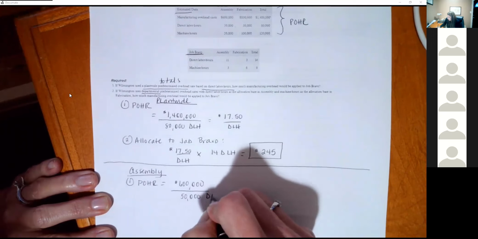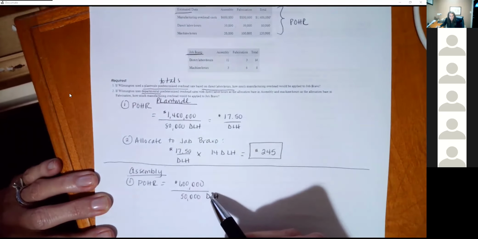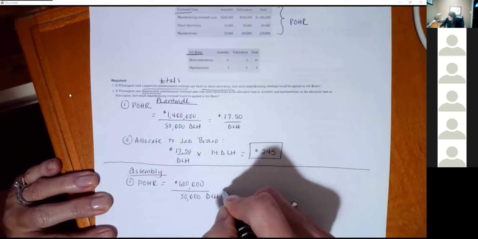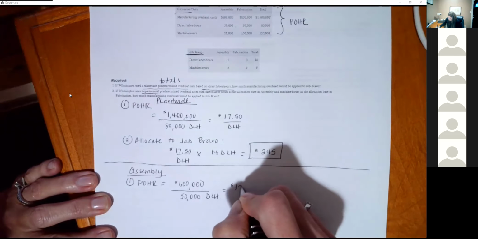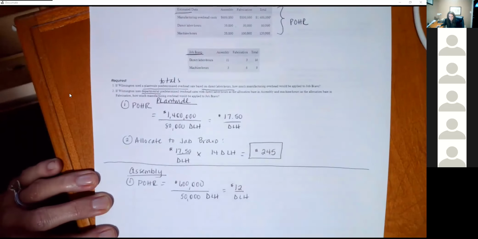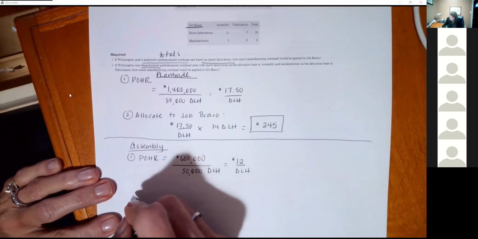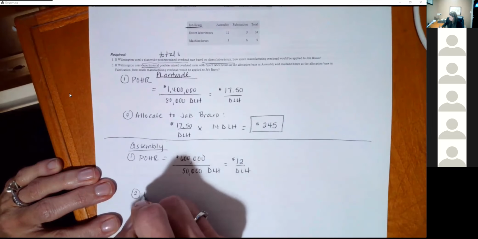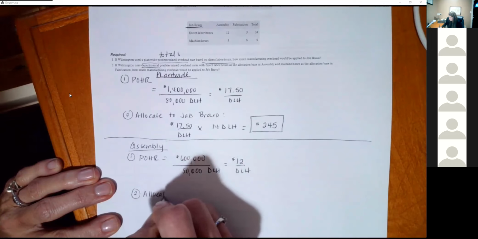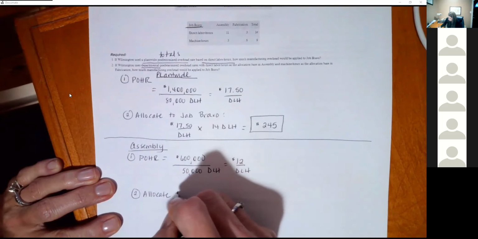Right, and this is why I write down the units, just so I keep straight that I'm using direct labor hours. And you should get 12 per direct labor hour. Okay. So then I'm going to allocate overhead from assembly to job Bravo.